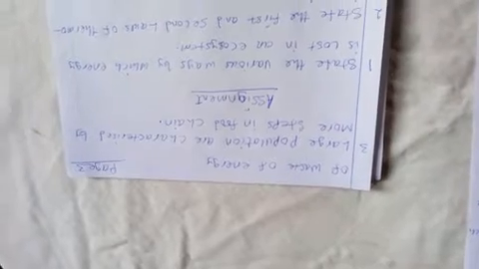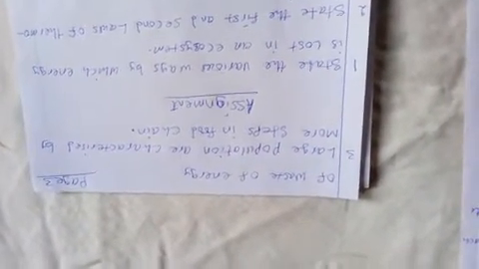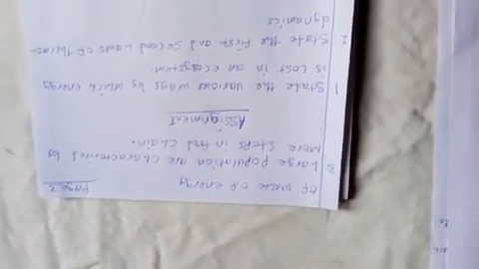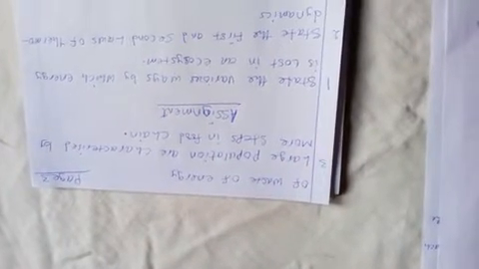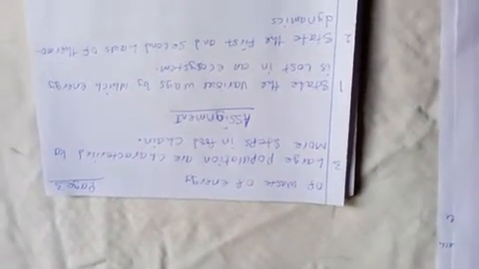Then three, large populations are characterized by more steps in the food chain. When you have a large population, you discover that the food chain in that population will be characterized by more steps in the food chain.